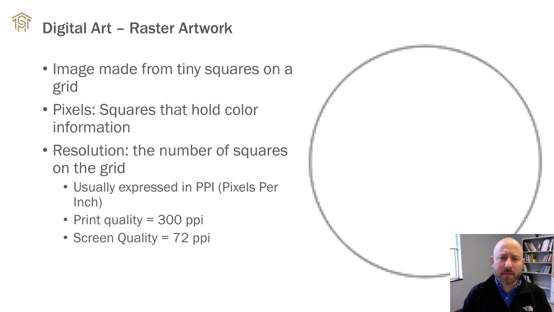It can vary. Things on the internet have shifted a little bit higher these days, sometimes 96 PPI. But if you find an image online, most likely it's a low resolution, screen quality image, so it probably is not print level quality. Keep that in mind.